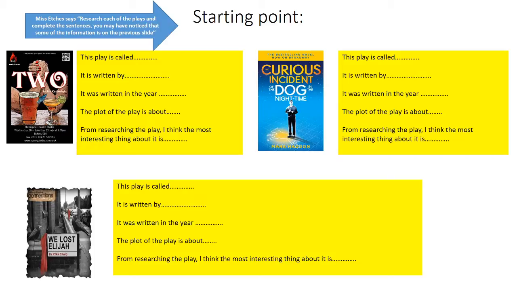So for each one of the plays, you're going to go on the internet, type in the name and the playwright, and have a look through the information about what the play is called, who it's written by, which you should already know, what year it was written in, what the plot of the play is about, and for that extended merit target, from researching the play, I think the most interesting thing about it is that may be some information that you found on the internet, or it may be something you've deciphered for yourself. So for each one of those, add your information.